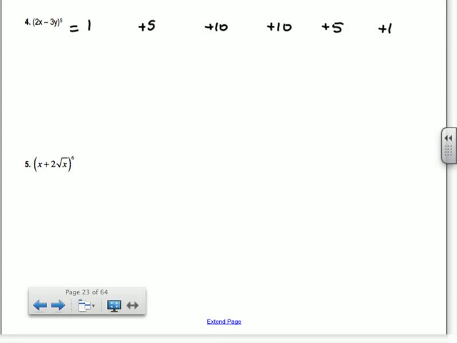Okay, 2x is our a value. So 2x is being raised to the fifth, then 2x to the fourth, then 2x to the third, 2x squared, 2x, and then no 2x's.